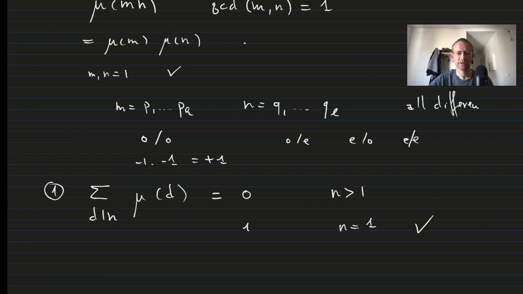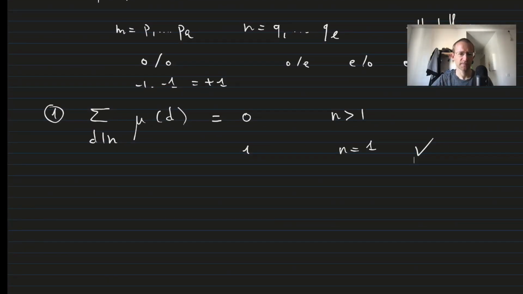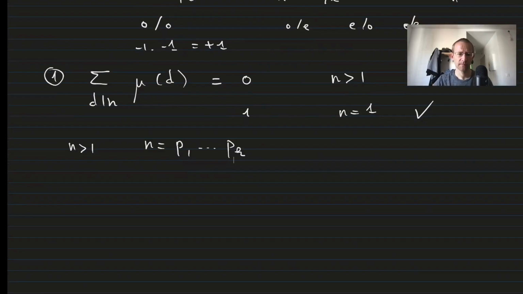This last part is very easy to prove. So we concentrate on the first part. So let's suppose that n is bigger than 1 and that n has a prime factorization, which is p1 all the way up to pk, where these can now potentially be equal.